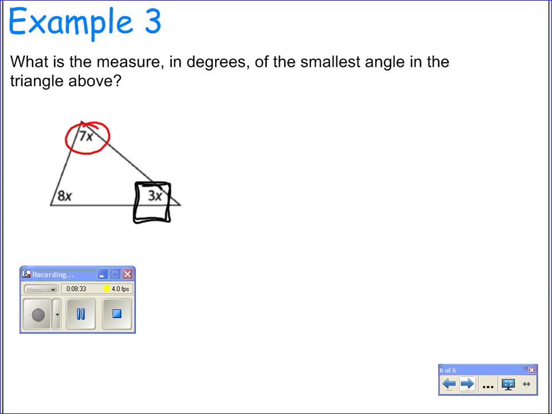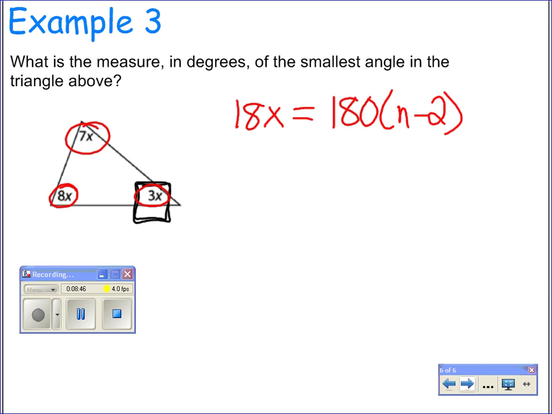So we're going to add 7x plus 8x plus 3x, and again we get 18x, which is equal to 180 times n minus 2. Okay, and n is represented by how many sides the figure or the polygon has.